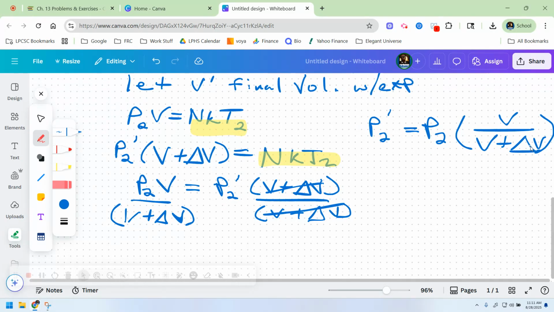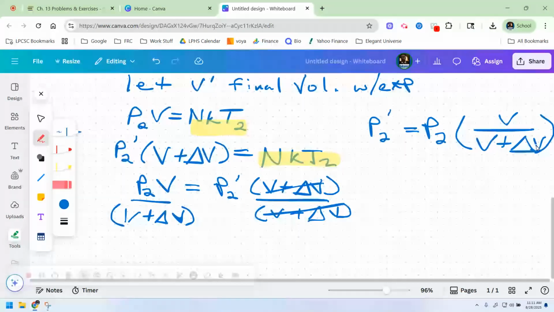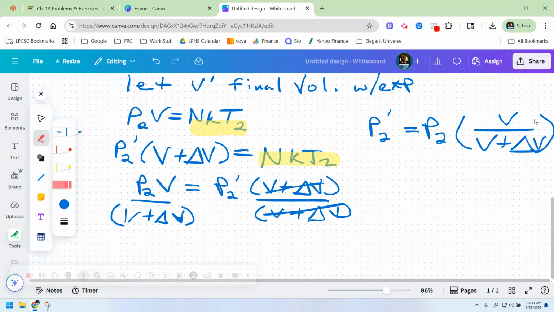You can divide both of these by V. So if you do that, you have the V on the top here, I can divide this by V, and then do the same thing on the bottom, divide by V. So then your next line would be P2 prime is equal to P2 all over V plus delta V, and that is divided by V.